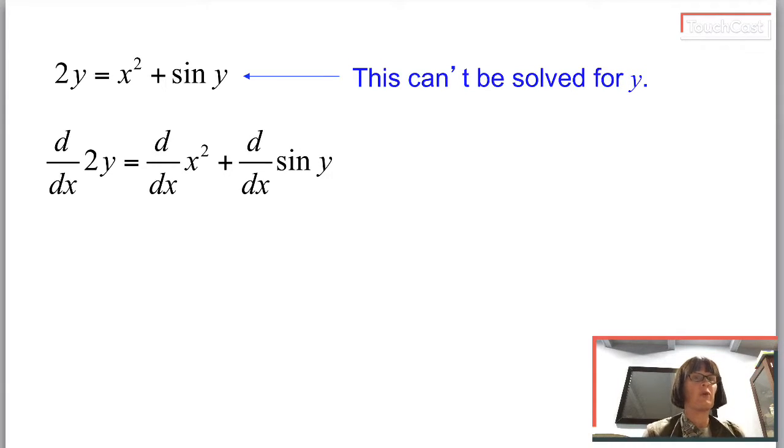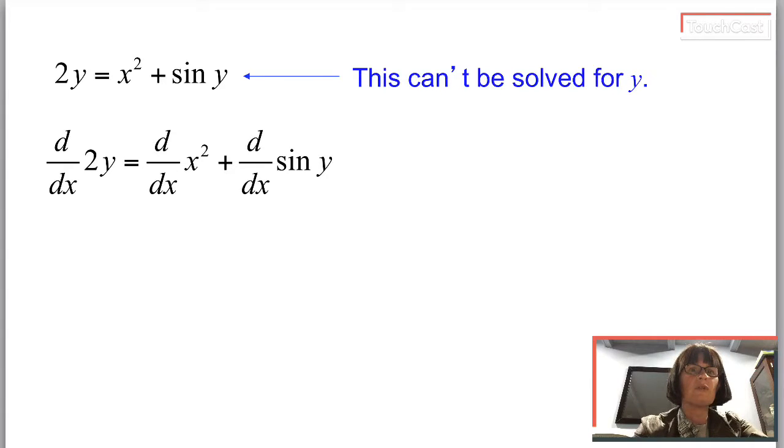I take the derivative of both sides of this equation with respect to x and use that version of the chain rule whenever I need to take the derivative of a piece that doesn't contain x's but contains y's instead. So the derivative with respect to x of 2y is the derivative with respect to y of 2y, which is 2, multiplied by the derivative of y with respect to x, dy dx.